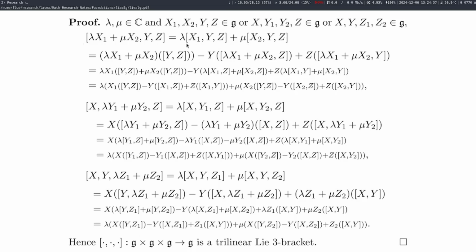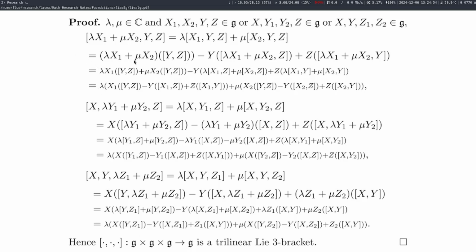So I've actually written out all 3 cases if people want to really convince themselves that this is trilinear indeed.